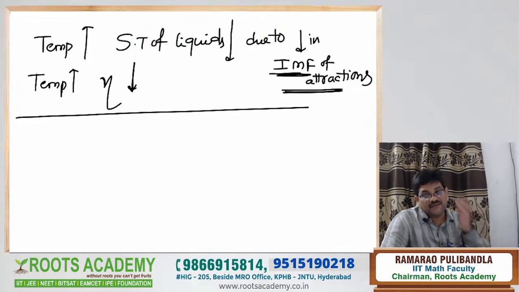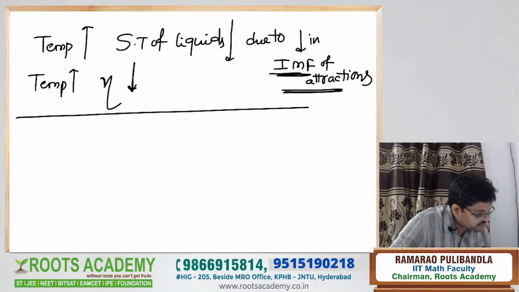The liquid with less viscosity flows easily on the surface. Easy logic, Nana. Simple logic, no confusion. And see the next question.